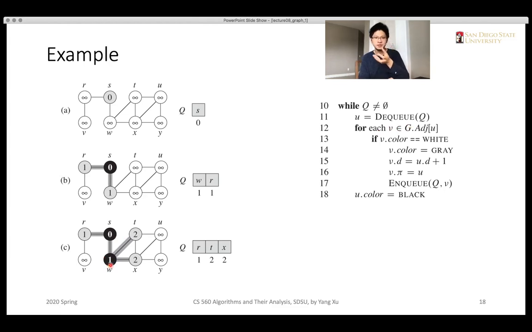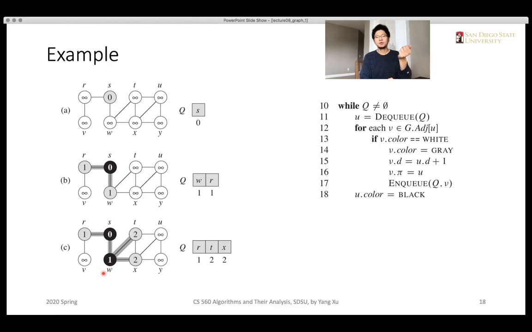The adjacent vertices of W include S, T and X, but since S is already black, it's no longer white, so we'll skip S and go to T. T was white, so it's painted gray, and the distance is 1 plus 1, which is 2, and it's enqueued back, following R. Another adjacent vertex of W, X, is also painted gray, and the distance is 1 plus 1, and it's enqueued back to the Q, and afterwards W will be painted black as well.